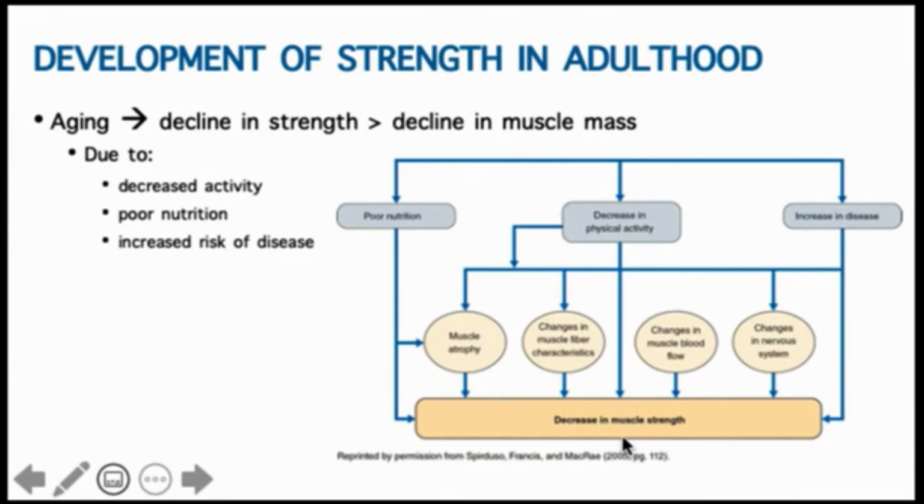Because again, if we don't use our muscles, they're going to atrophy. So there are a lot of various things that could be contributing to decreases in muscle strength, other than just aging effects that naturally occur in the muscular system.